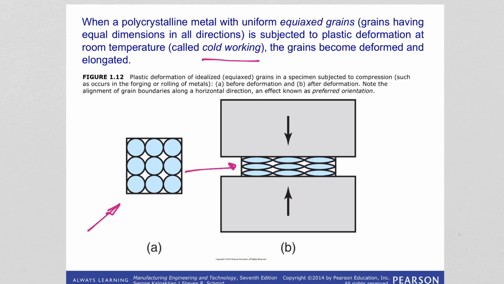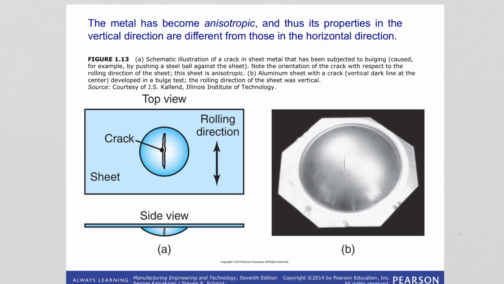So the vertical direction property is different than the horizontal direction. So that's what it explains here. Of course, many parameters will affect this anisotropy, for example the temperature at which the deformation is taking place, or how uniformly the metal is deformed.